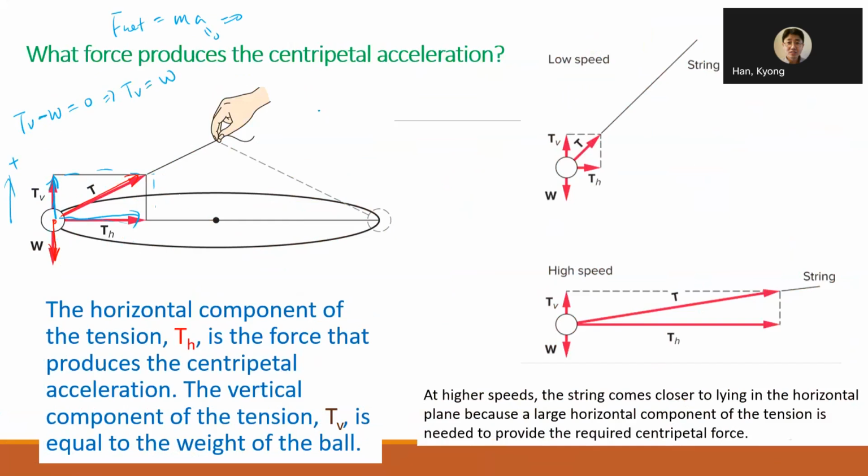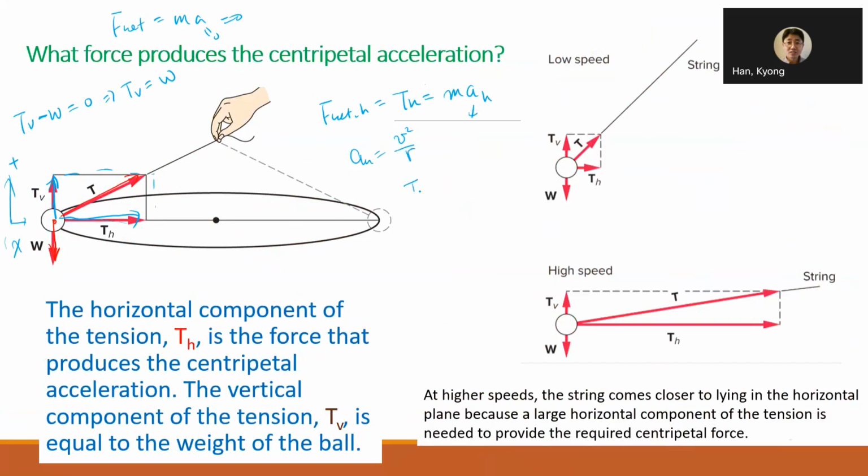Then in the horizontal x direction, we can write the equation of motion: F net horizontal is only T_H, the horizontal component, and that equals m a horizontal. The horizontal acceleration is the centripetal acceleration, which we learned is v squared over r, right?